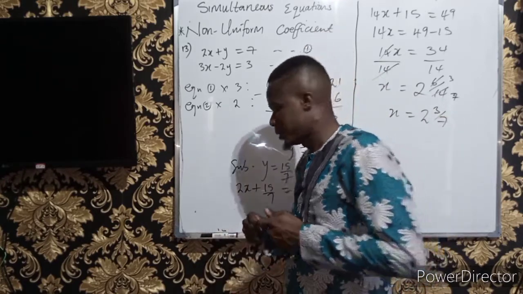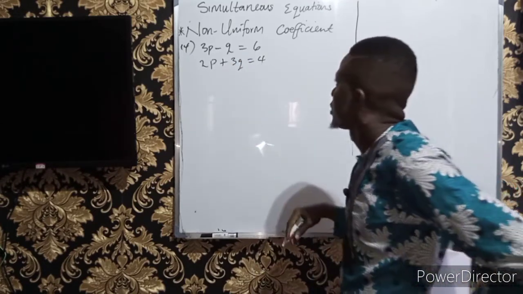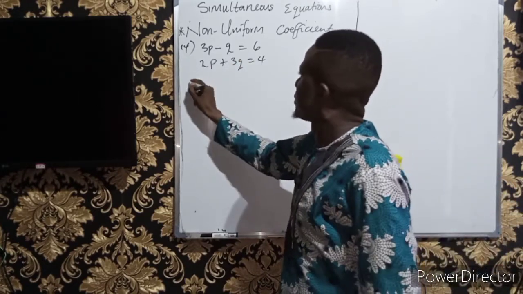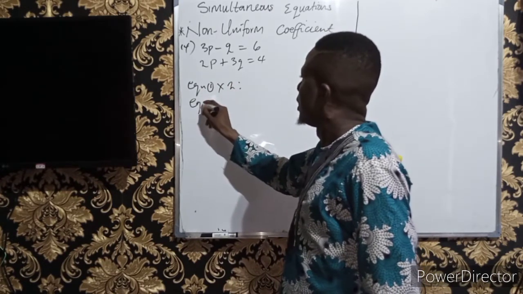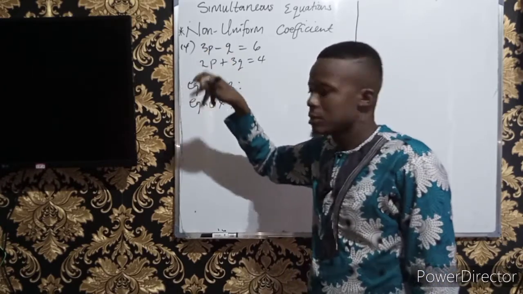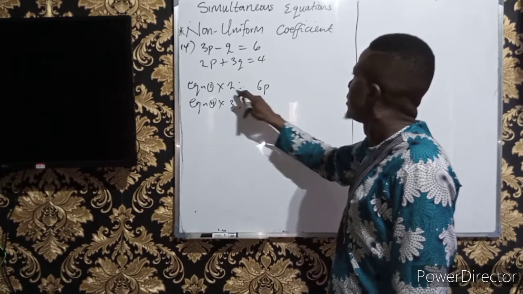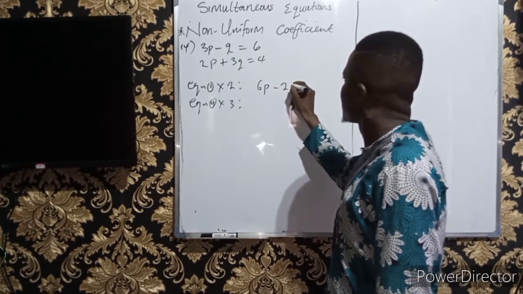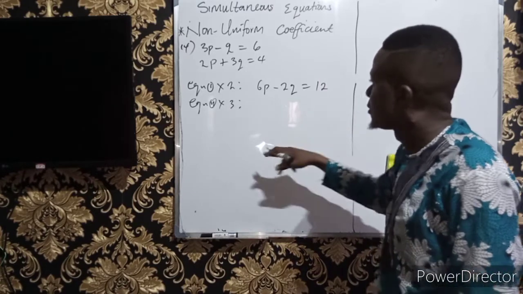Let's take another one. So we'll have this, and to solve that, I can still swap their coefficient. I will say equation 1 times 2 and equation 2 times 3. I'm swapping this. 2 times 3p will give us 6p. 2 times this is minus 2q. 2 times 6 will give us 12.